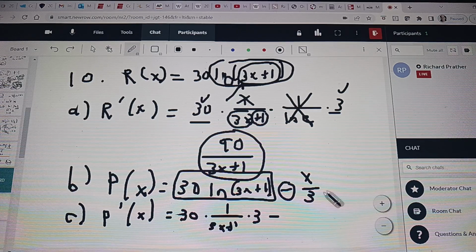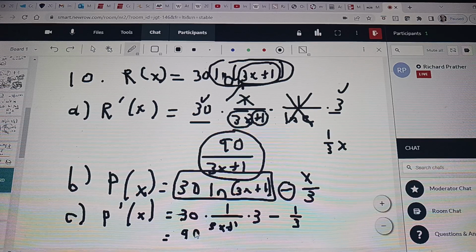Minus the derivative of this. This is literally 1/3 x. X over 3 is 1/3 x. That's linear. So the derivative of that is 1/3. So if I needed to state what the derivative was, it would be 90 over 3x plus 1 like we had on part A.